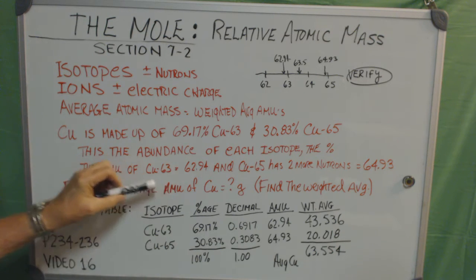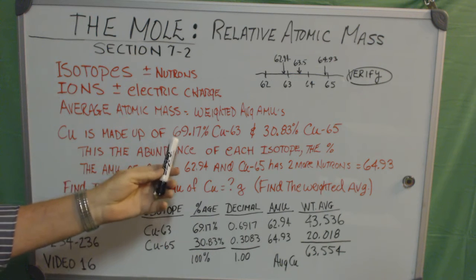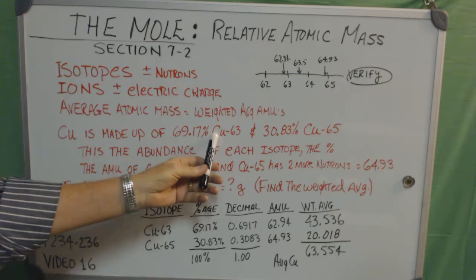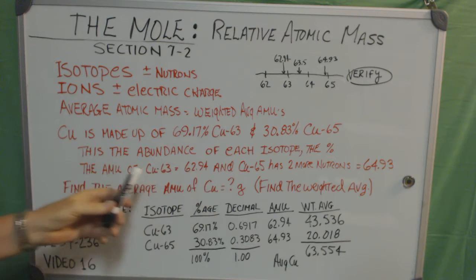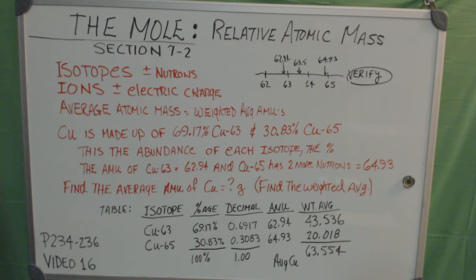Let me point out that the percentage of each isotope is called the abundance of each isotope. So in some of the analysis that you'll see online, they refer to abundance. That's how much of each.